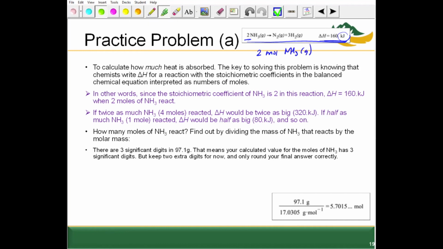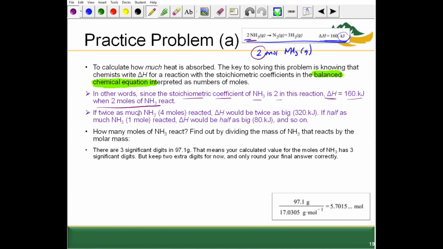So the importance of these balanced chemical reactions comes back yet again. So because the stoichiometric coefficient of ammonia is 2, this change in enthalpy, 160 kilojoules, is for every 2 moles of ammonia that react.